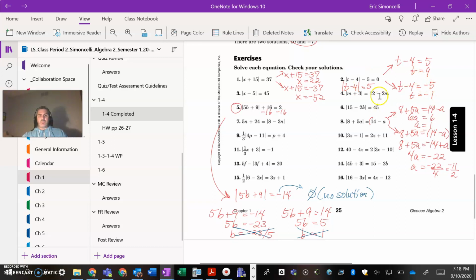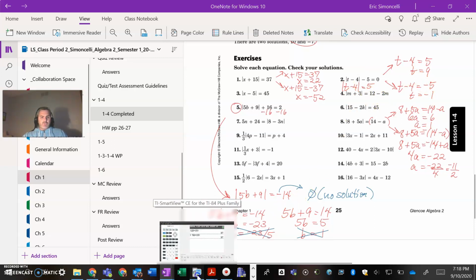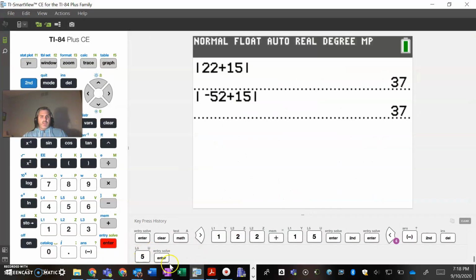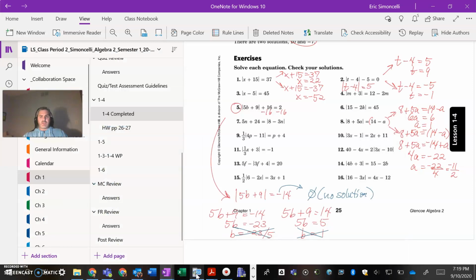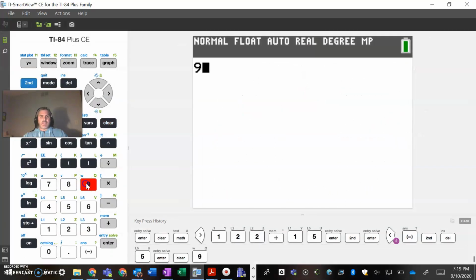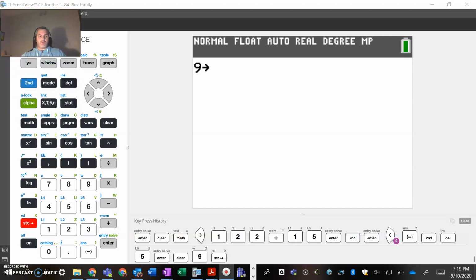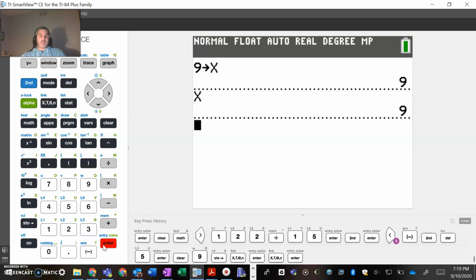So for this problem, I'm going to use the calculator again to check my answer. This one will be a little bit simpler to check. In both cases here, I'm going to take my value, in this case 9, and store 9 as x. Now when you store a number as x, or any variable for that matter, in your calculator, it's now stored for all intents and purposes whenever you want to use x in any context.